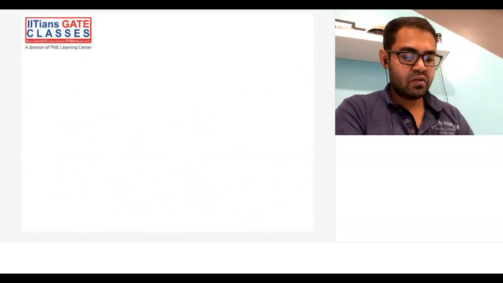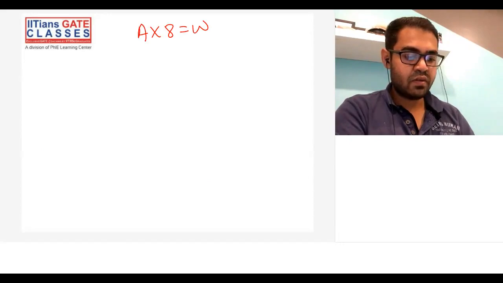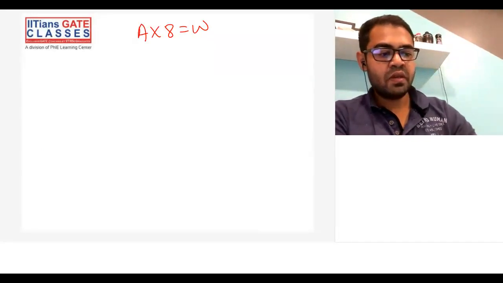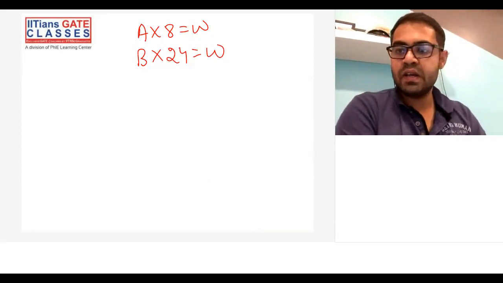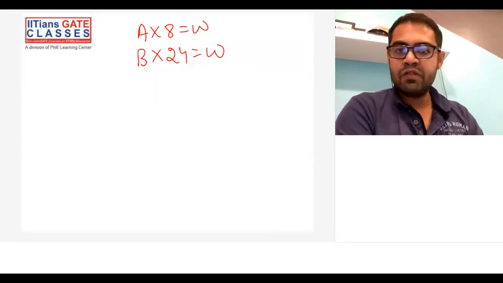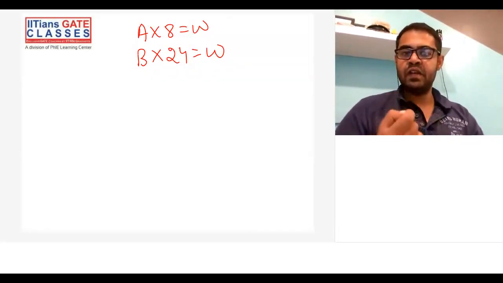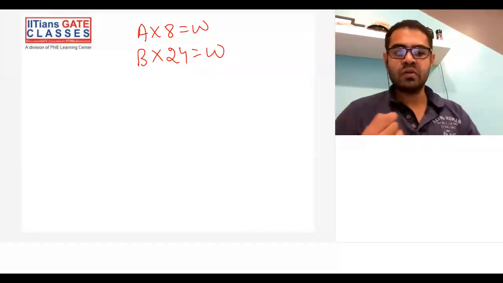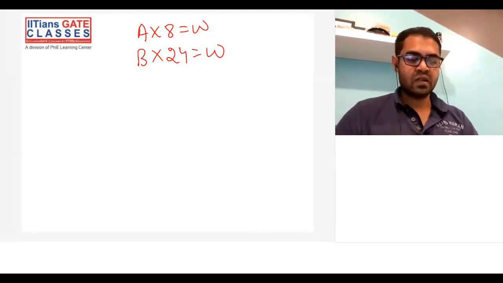So basically, B is the effort applied by B in 1 day, or per day effort. 24 is the number of days. If B keeps on applying the same effort every day for 24 days, he or she is able to complete the work W. This is the equation from the second statement.